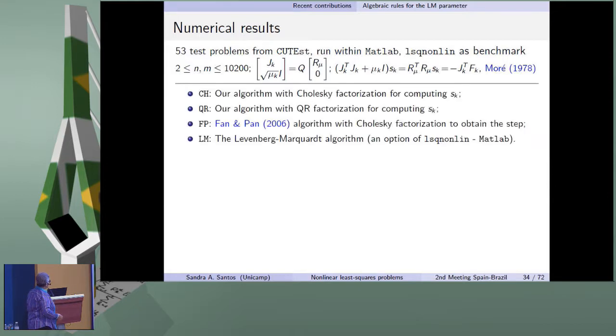So CH and QR are our strategy with these two choices for computing the step. LM is the Levenberg-Marquardt from MATLAB, and we also implemented the algorithm of Fan and Pang, which uses the Cholesky factorization and has a dynamic way of updating the Levenberg-Marquardt parameter.